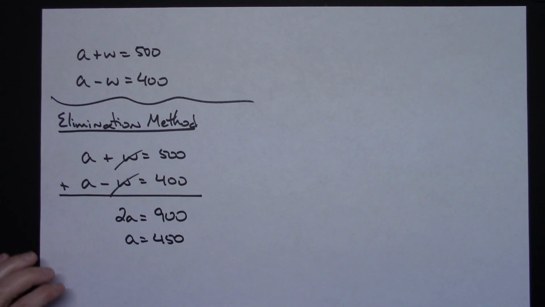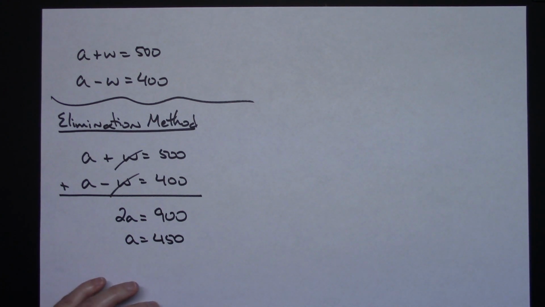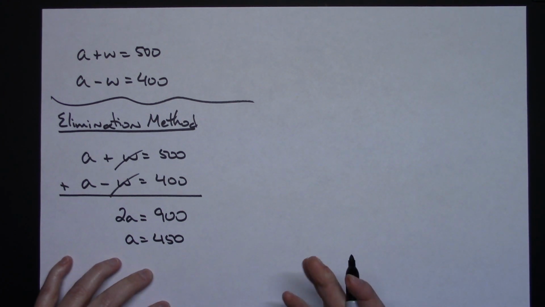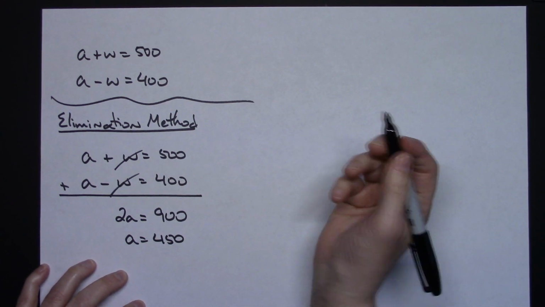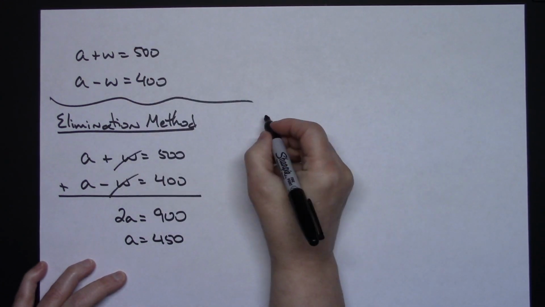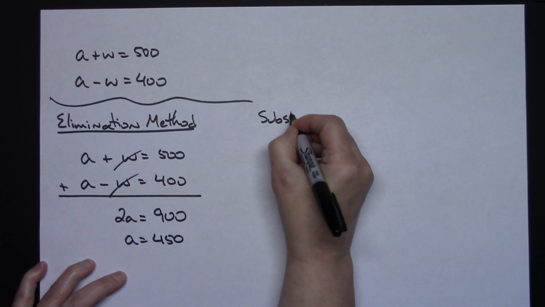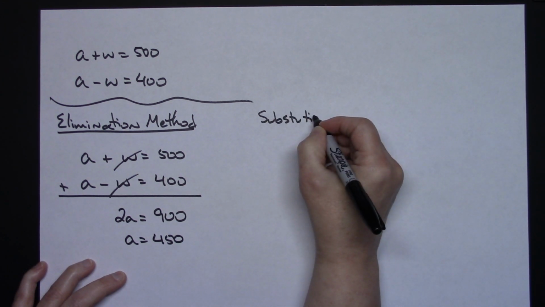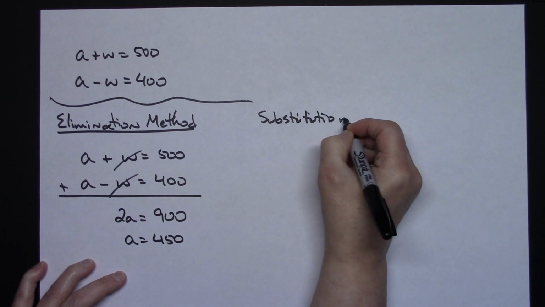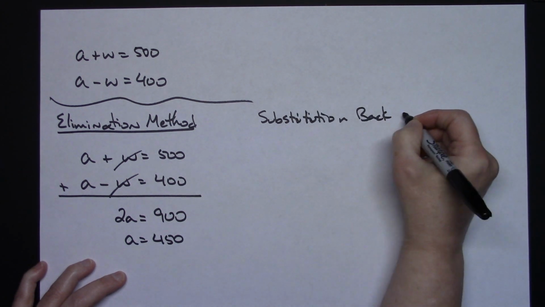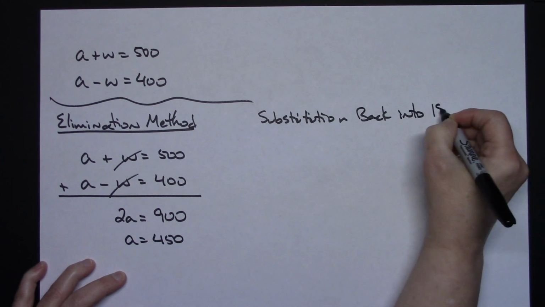Once I have a, we said a was airspeed, so there's my airspeed. Now I need to go back in and find wind speed, so I'm going to substitute back into my first equation. Right there is going to be the easiest. So substitute back into the first equation.